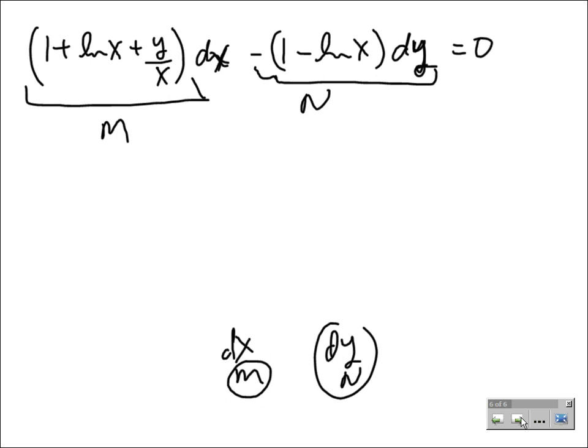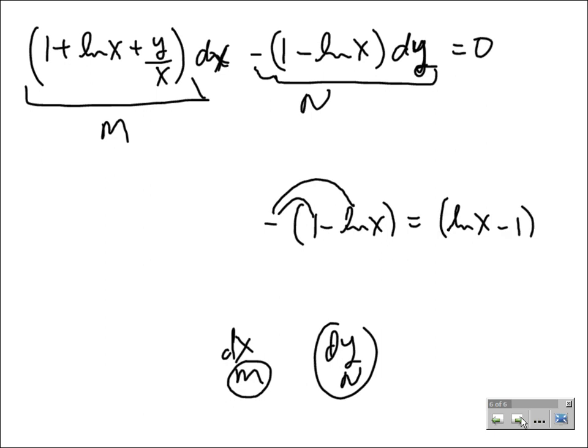Now, if you want, you can say negative 1 minus ln of x is plus ln of x minus 1, and you can even put a plus sign in front. If that's your style, go for it.